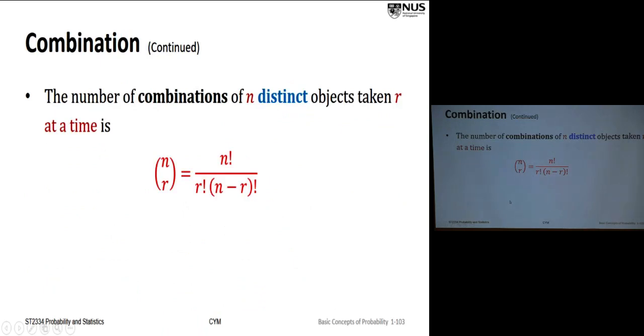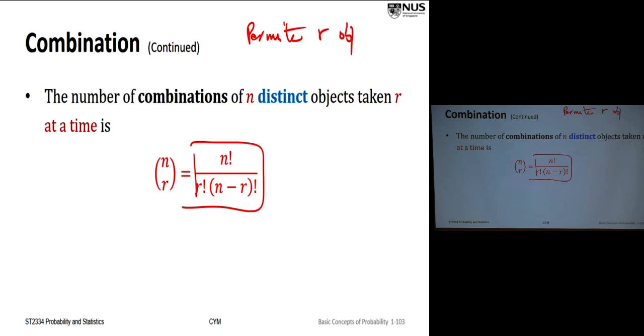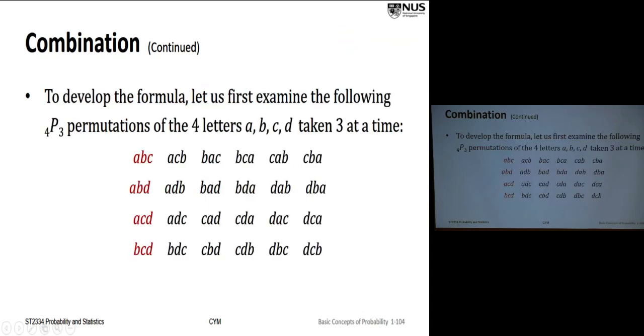So, how many ways can we select them? This is the answer: N factorial over N minus R factorial, over R factorial. How to get that? Remember, when we permute R objects out of N objects, what is it?